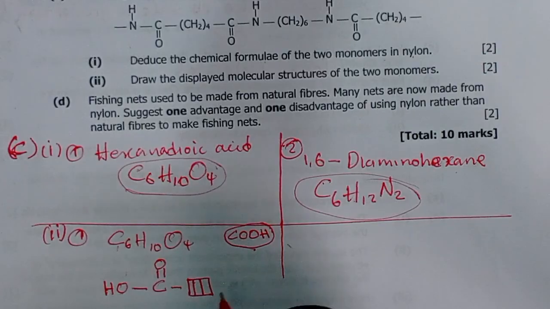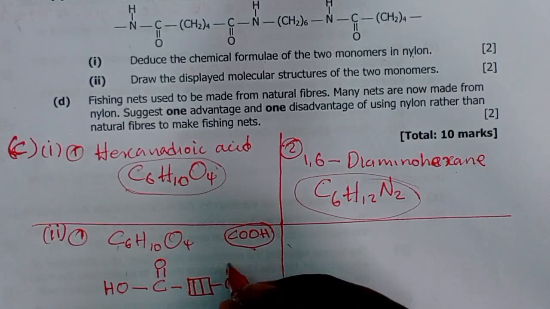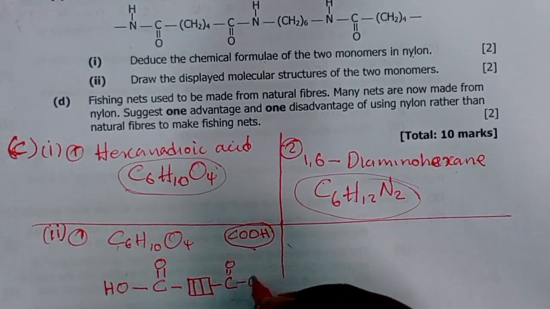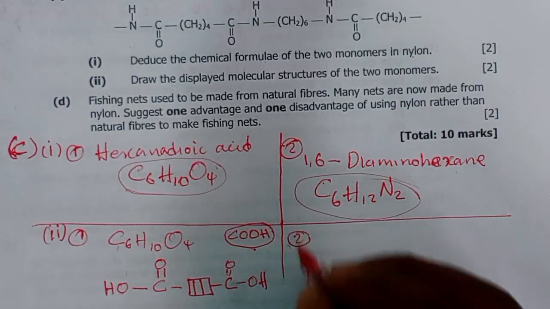This box contains the carbon chain. On this side, I'll also write the functional group of an acid. So this is the structure of hexanedioic acid. Let's go now to the second one.